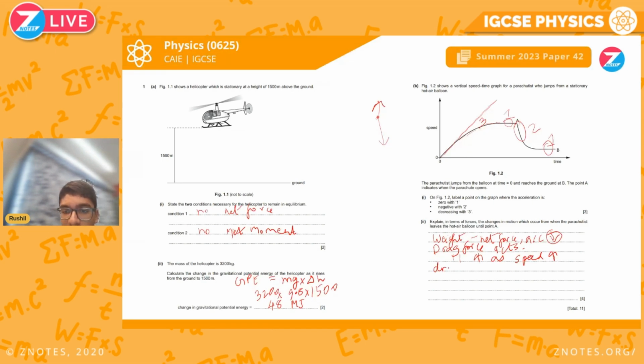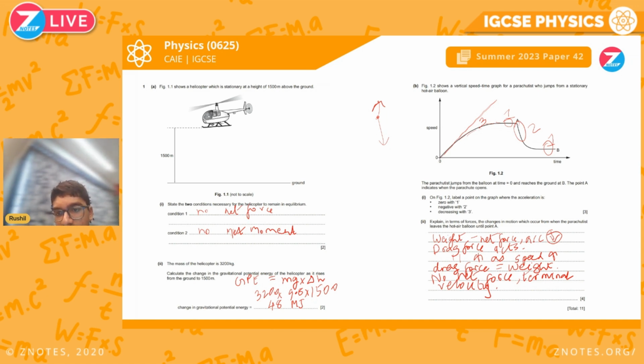Eventually the drag force balances out the weight. So there is no net force, and hence a terminal velocity is reached because there is no acceleration anymore. So this is the final velocity, the maximum speed, the terminal velocity.